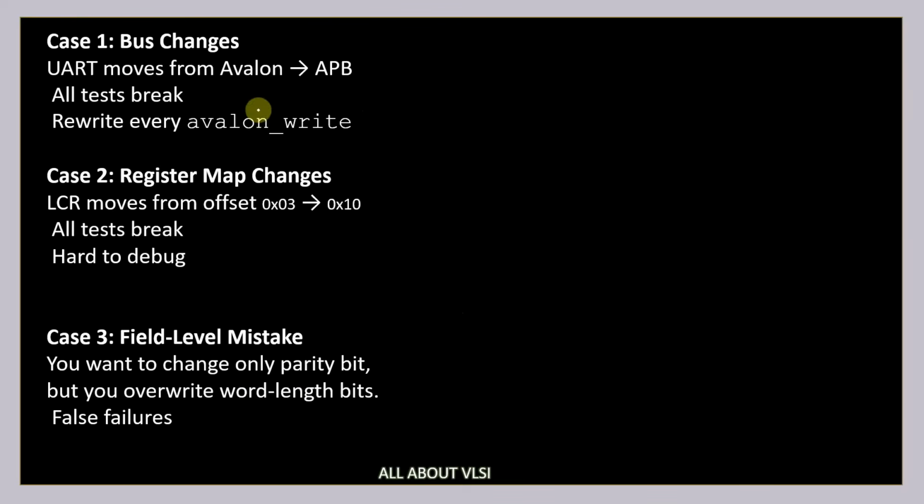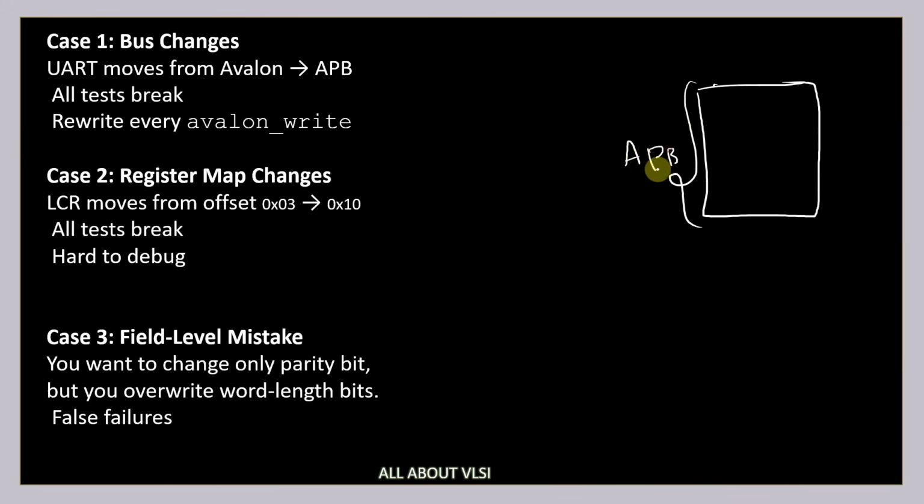Now, let's say I'm going to change the UART interface, which is basically working with the APB interface, to some other interface. Then what happens? All the tests which I have written will not be useful, and we need to rewrite all those test cases.